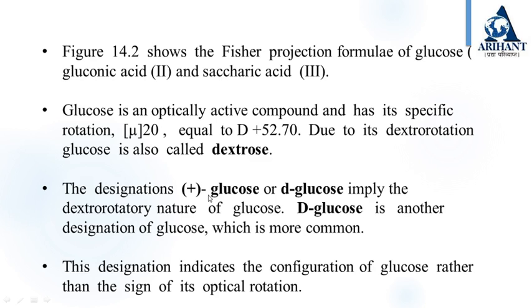So remember, plus and small d, or negative sign and small l, indicate the optical rotation of that substance. And capital D and capital L are another designation, and they indicate the stereochemistry of that molecule. Okay, so remember this: the capital D and small d are not at all related. Small d indicates optical activity, while capital D indicates stereochemistry.